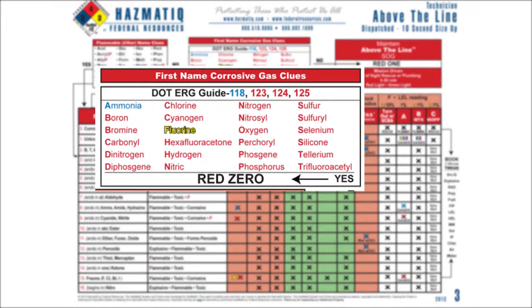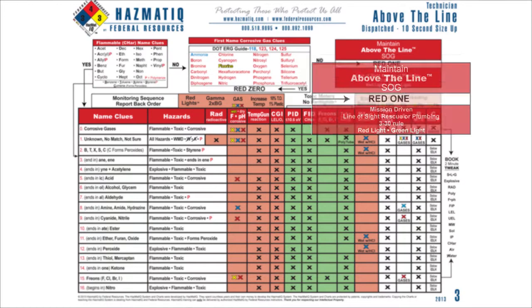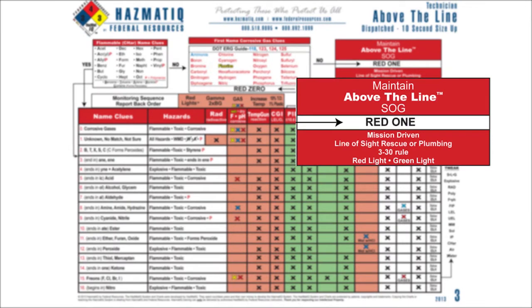And I look for, now this one is first name, thionyl there. And I go down to the T's. Is thionyl there? No. Every time I get a no on the flammable and a no on the corrosive, it takes me to a red 1. Well, what's a red 1 mean? Red 1 means maintain all those above the line hazards. We'll verify all those hazards once we get to the book.